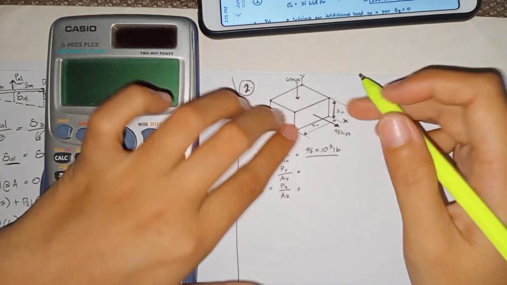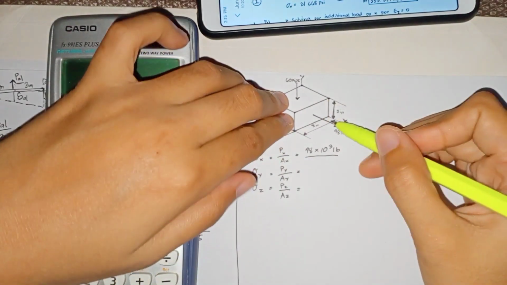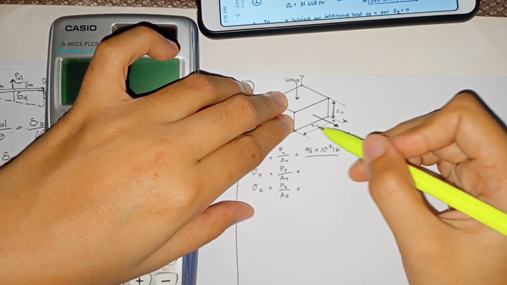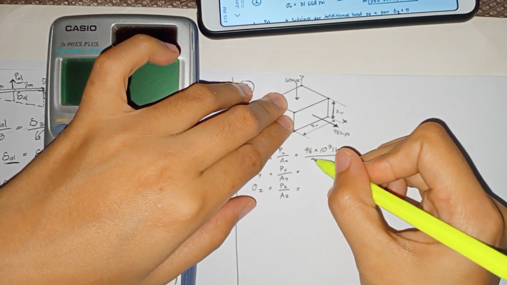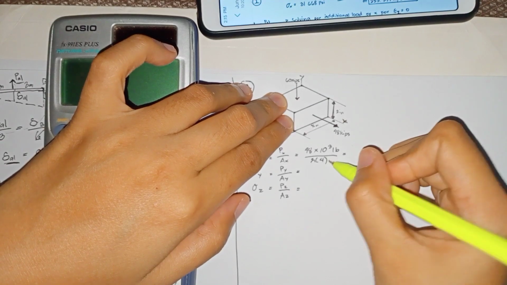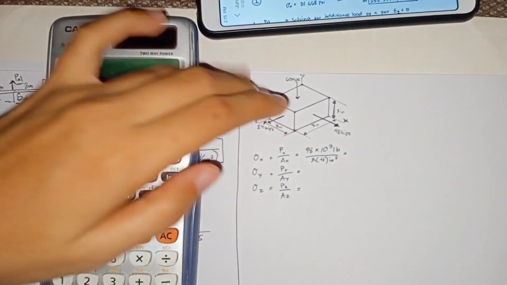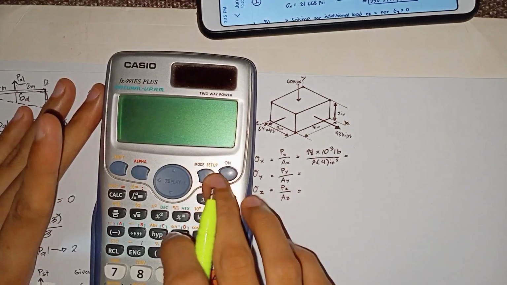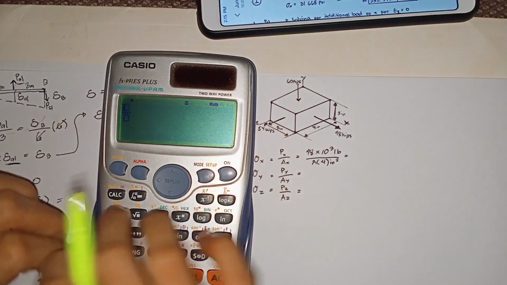So, our area, this is where we focus. This is our X. So, 4 multiplied by 2, that is 2 times 4, and that is equal to, okay, inch square. Because they are like inches. So, let's use the calculator.